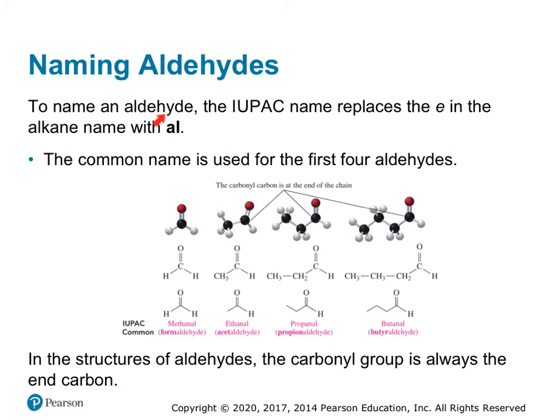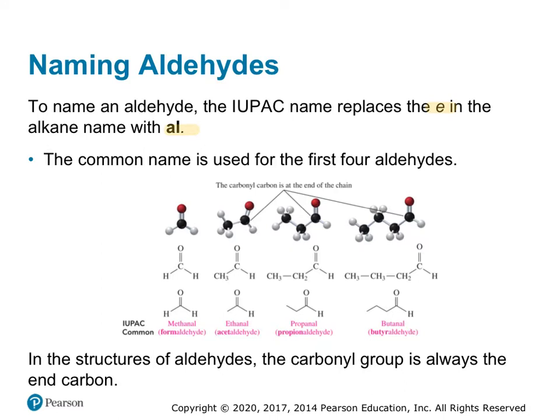Naming aldehydes, we take the E in the alkane name and change it to Al. So for the IUPAC name, for one carbon, methane, so methanal, ethanal, propanal, butanal.